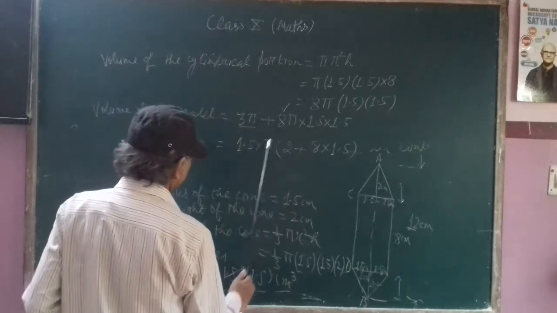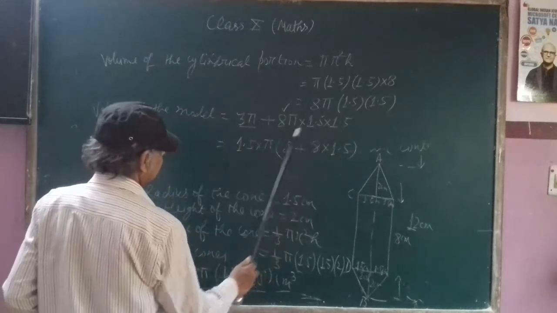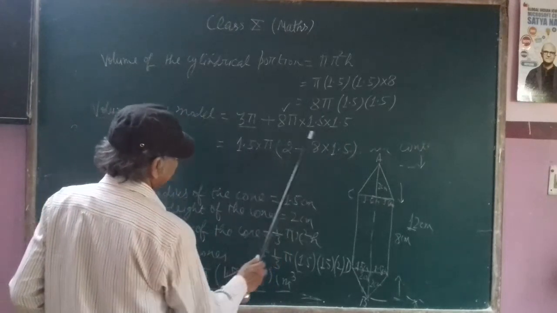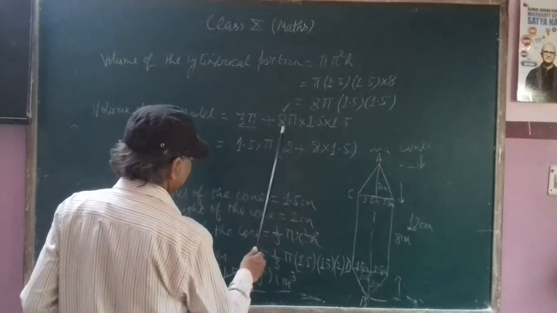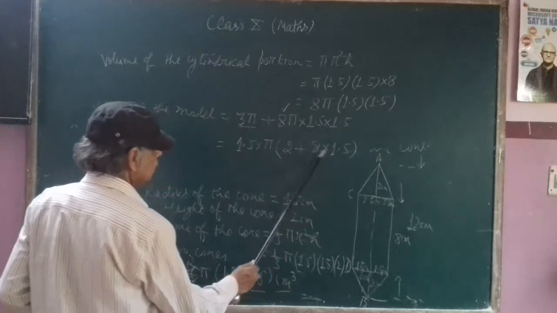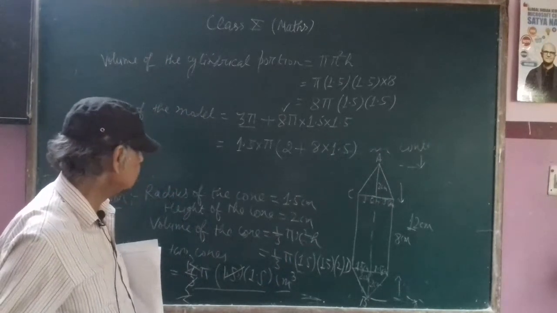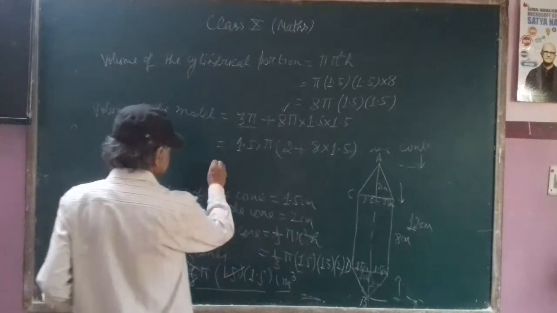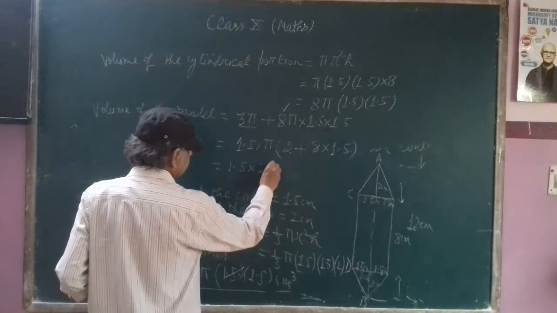If you divide the whole factor 8 pi into 1.5 by 1.5 pi, pi will go out and 8 into 1.5 remains. Now you proceed further like this. Now things have become simpler.